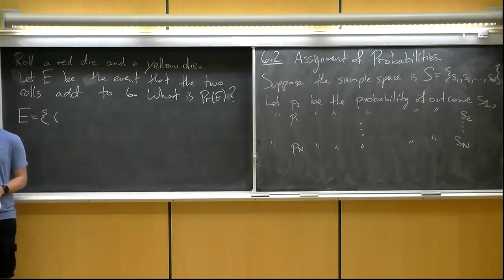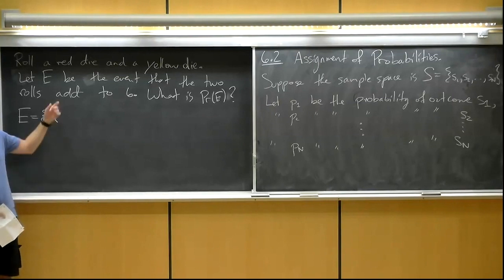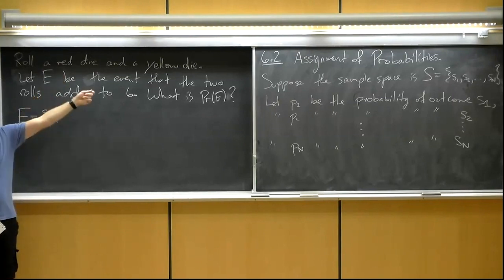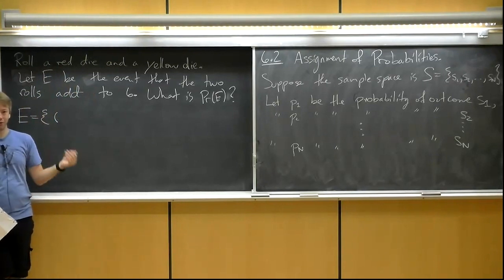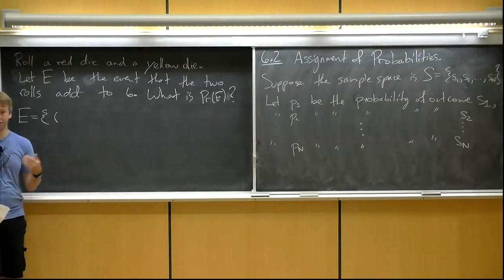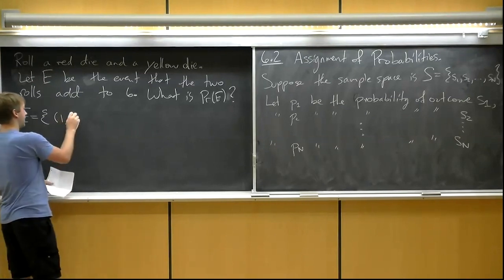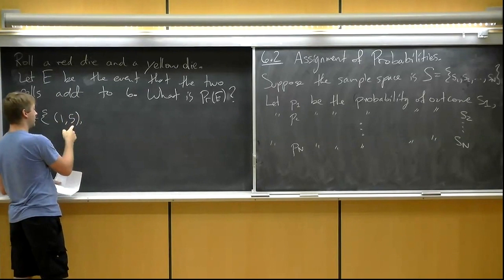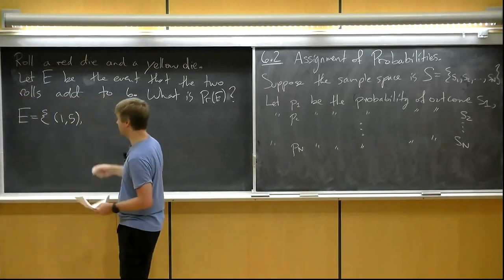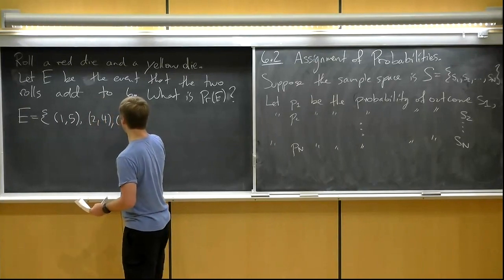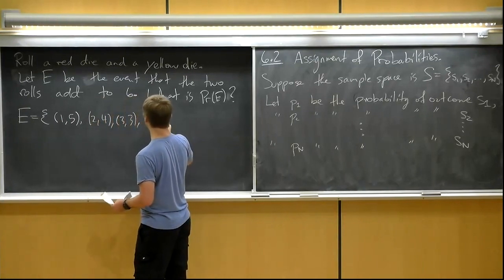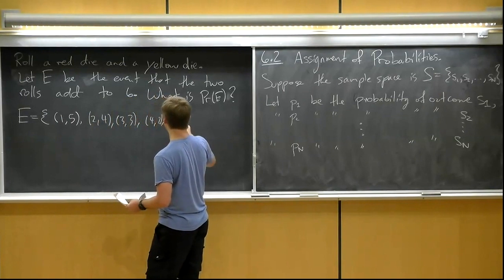So when I say 1 and a 5, I mean a red 1 and a yellow 5, or a red 2 and a yellow 4, or 3 and 3, or 4 and 2, or 5 and 1, right? There's all those possibilities. So E is the event: 1 in the red and yellow 5, 2 and 4, 3 and 3, 4 and 2, 5 and 1.